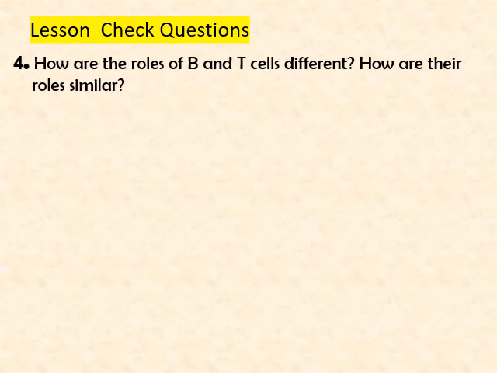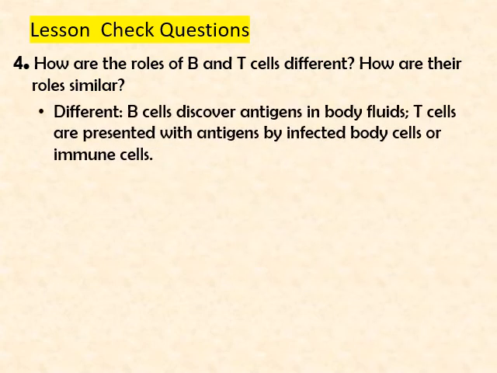Question number 4. How are the roles of B and T cells different, and how are their roles similar? Difference: B cells discover antigens in body fluids, while T cells are presented with antigens by infected body cells or immune system cells.